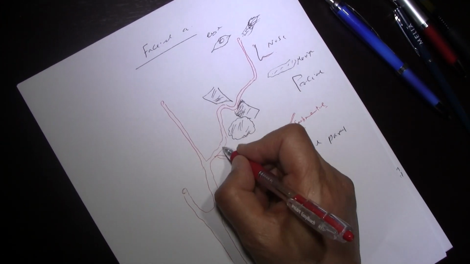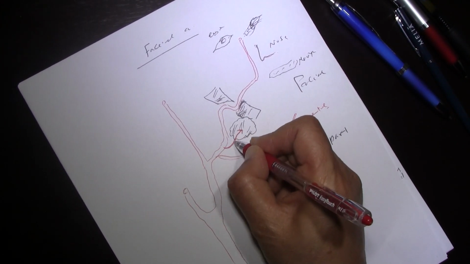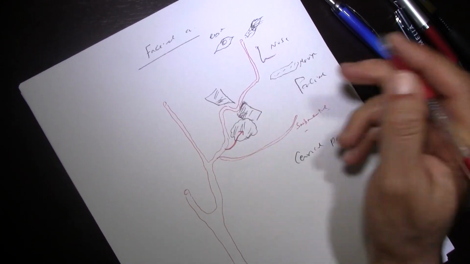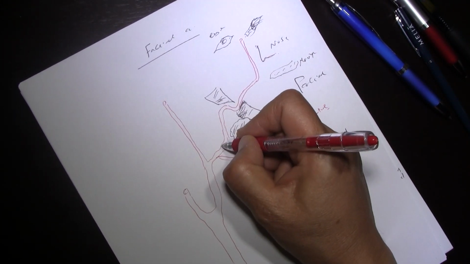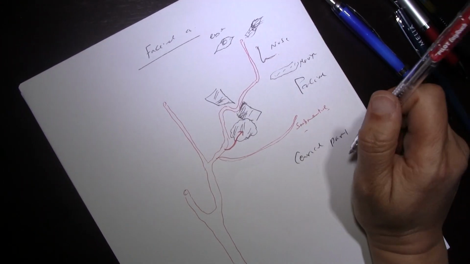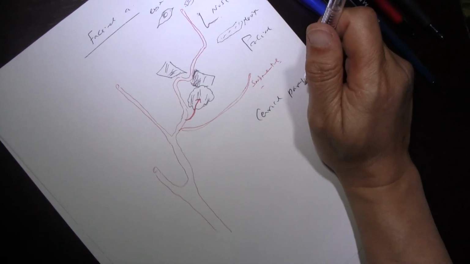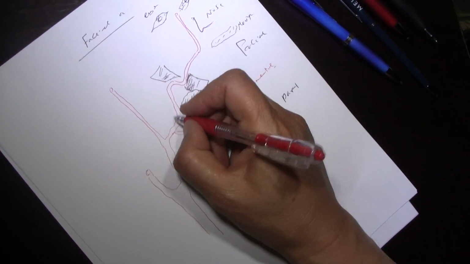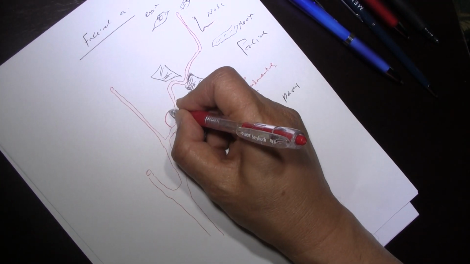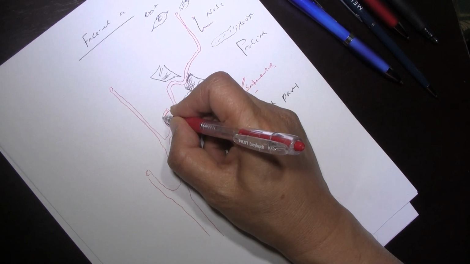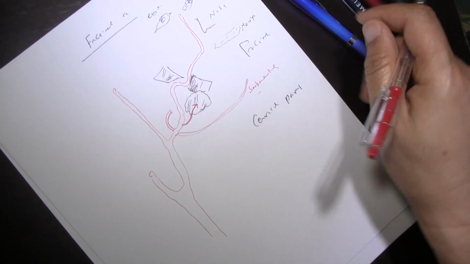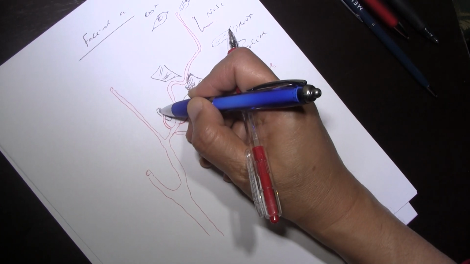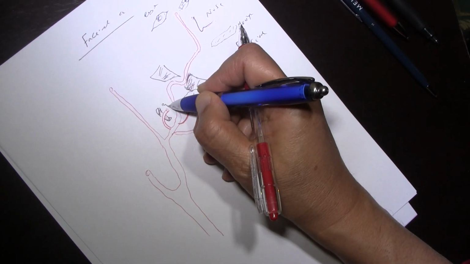The artery gives glandular branches. Then the artery ascends lateral to the superior constrictor muscle. Okay, deep to this muscle is the tonsil. So it is going to give a tonsillar branch, which penetrates the superior constrictor muscle and supplies the palatine tonsil.